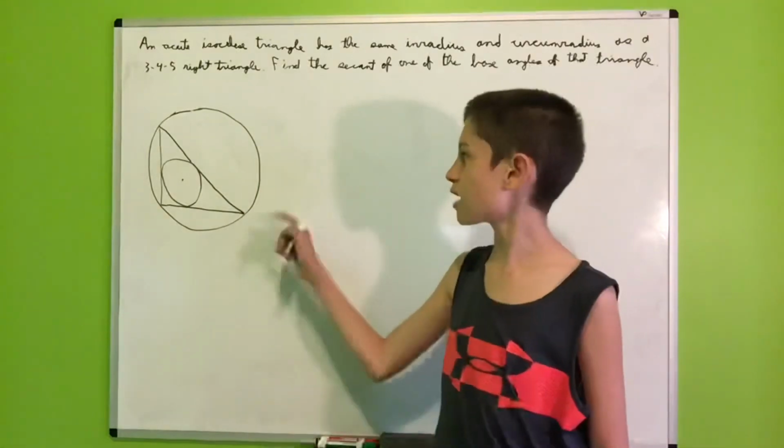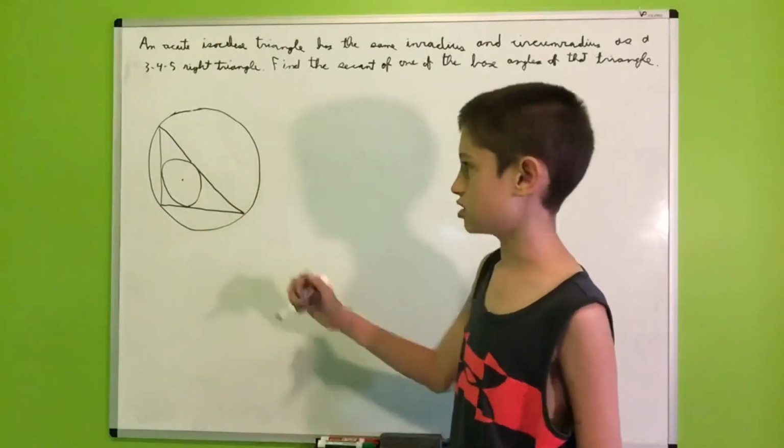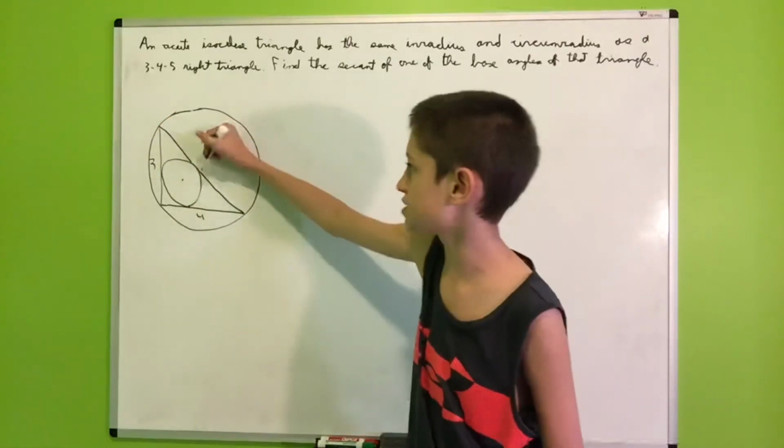Okay, so this is my attempt at drawing an incircle, and let's get started. So we know that this side is 3, this side is 4, and this side is 5.